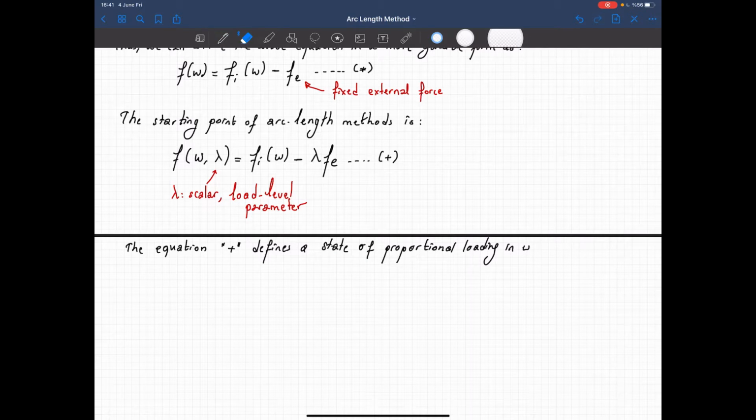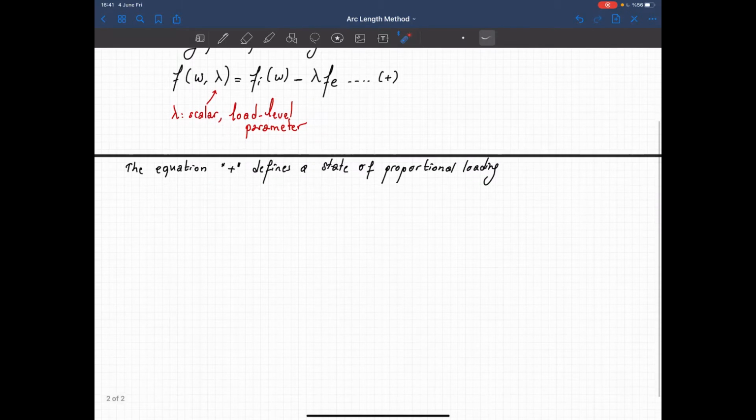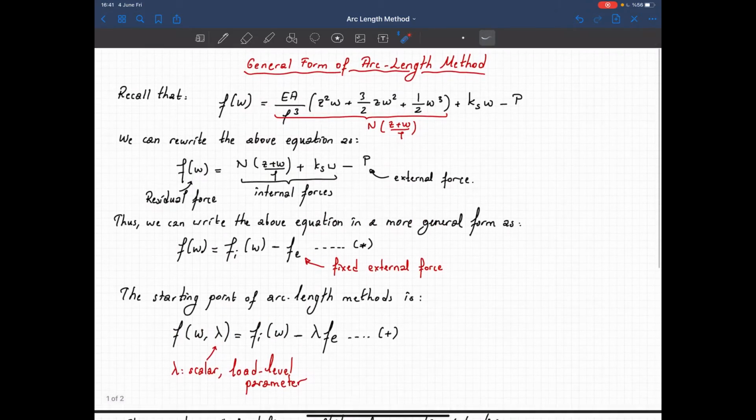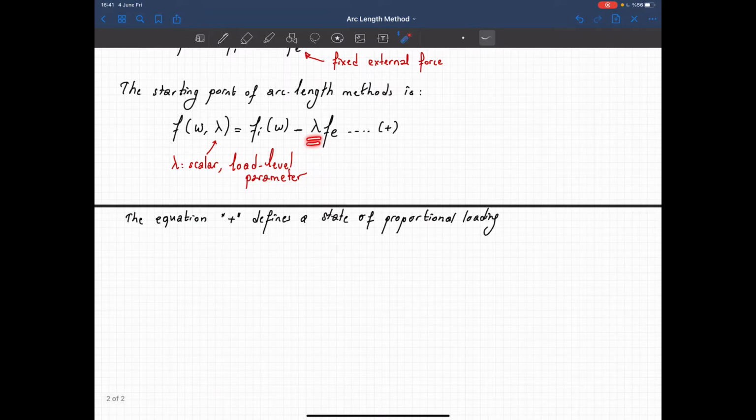Okay, so we have a proportional loading and we determine the proportion of the applied loading with this parameter. Now we have lambda here as an additional parameter. So how do we calculate this lambda?